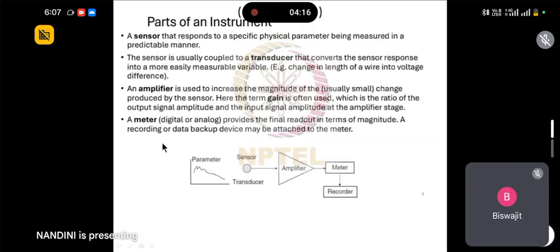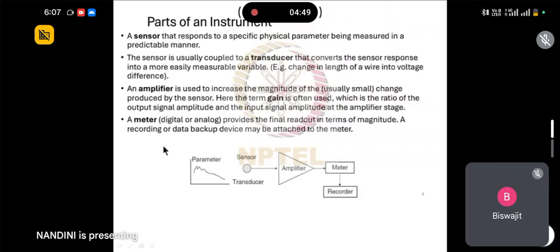The sensor is usually connected to a transducer, which converts the sensor response into a more easily measurable variable, for example, the change in length of a wire into a voltage difference. Then we have an amplifier, which is used to increase the magnitude of the change produced by the sensor. Generally, the change produced by the sensor will be very small, so that signal is amplified to get a better measurable quantity.